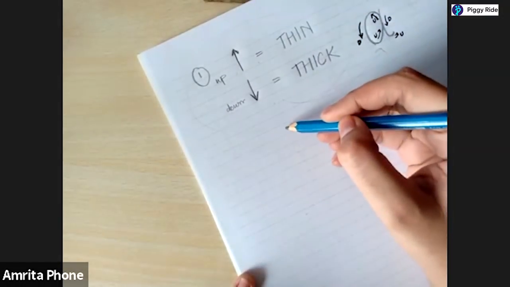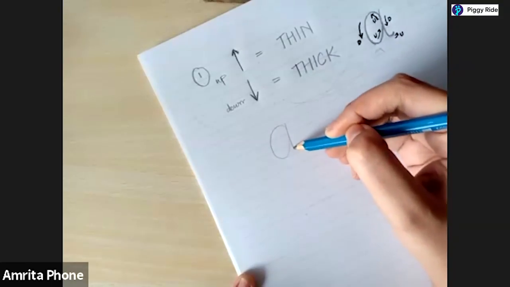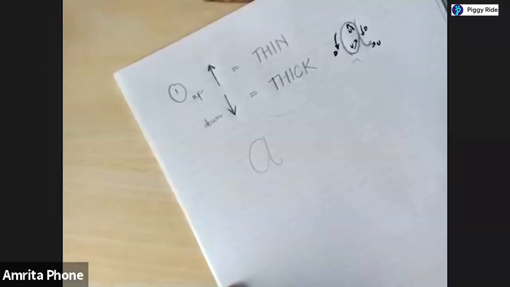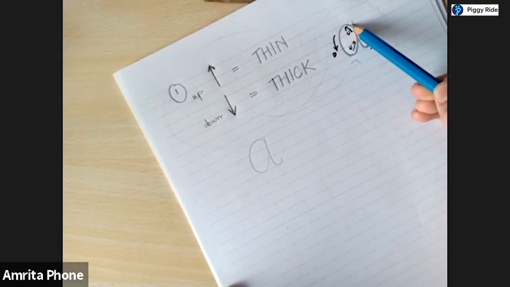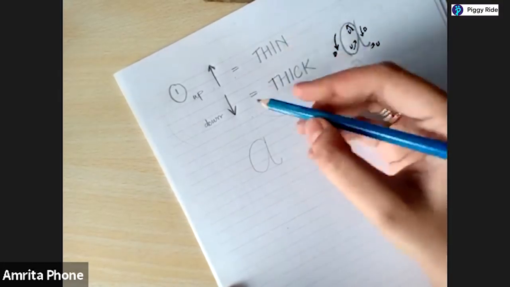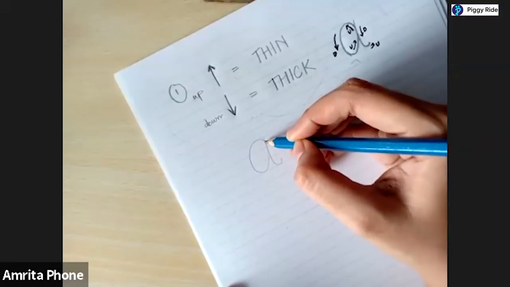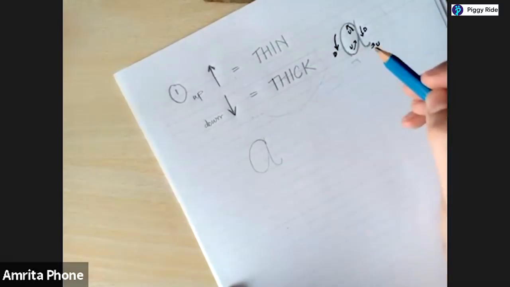I'm going to write A again here. Starting from here, upstroke is thin, so we will not change the upstroke. It will remain the same because it has to be thin only.